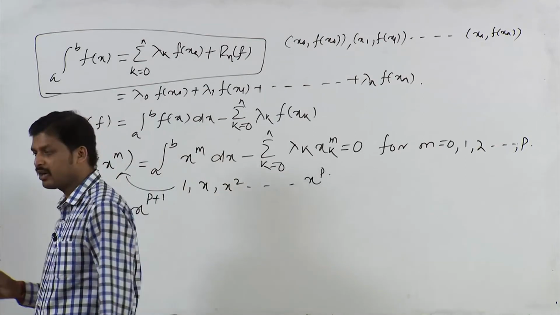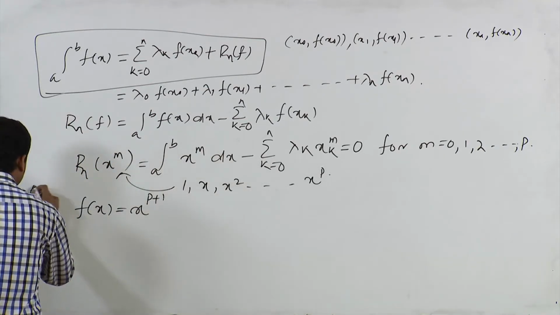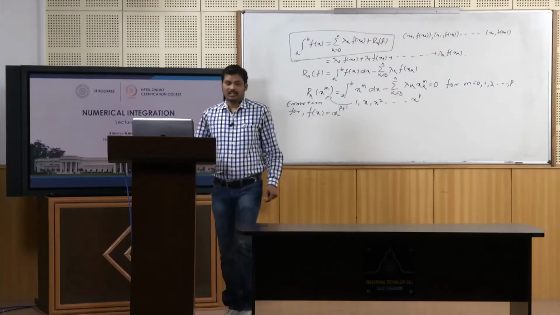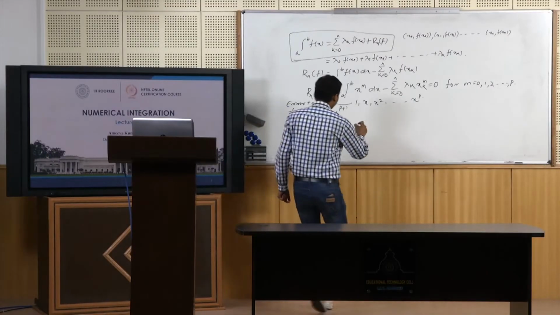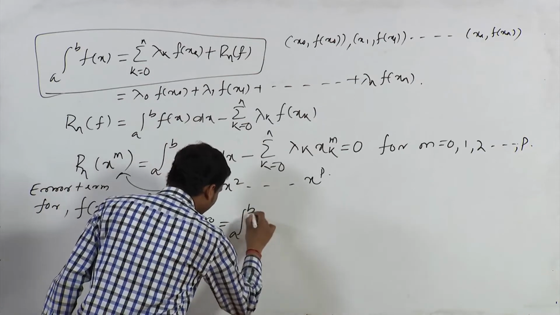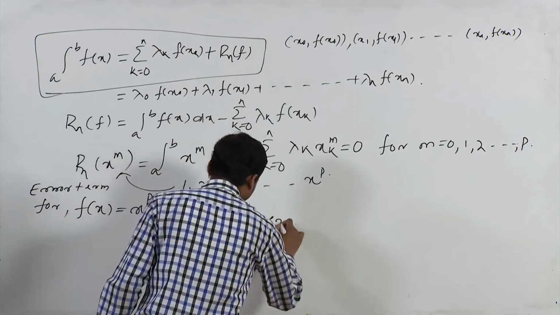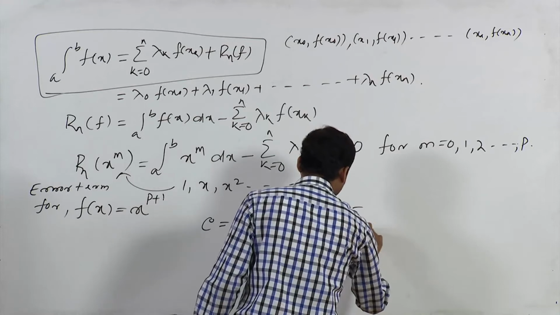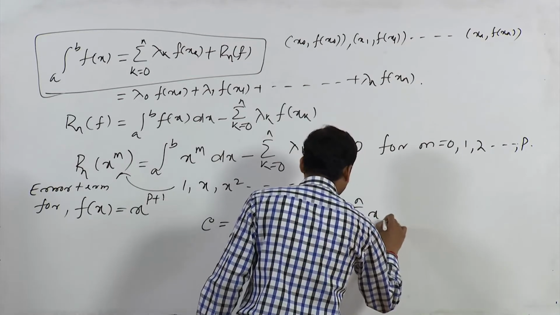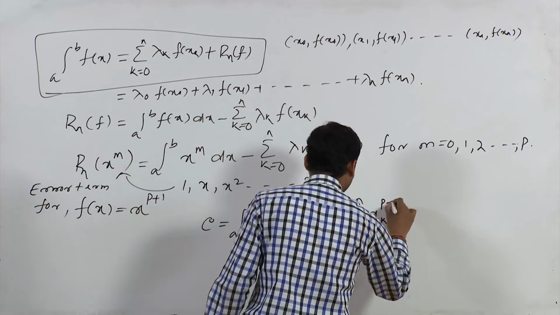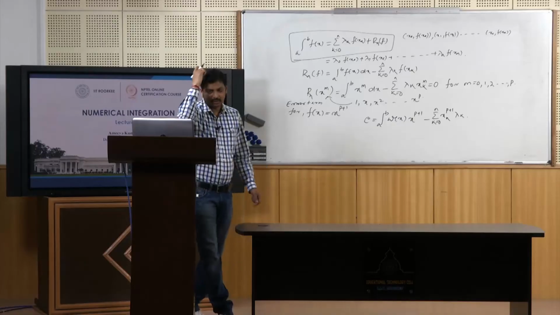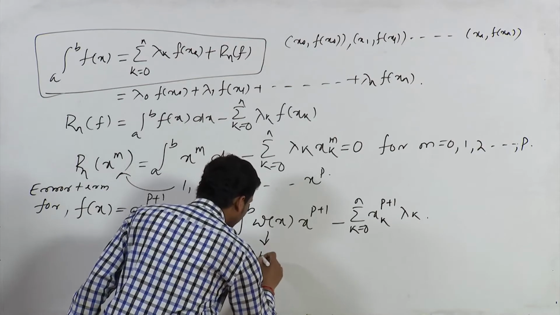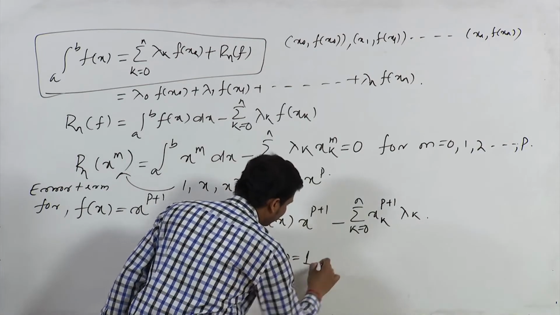This means that the error term for f(x) is defined as, we can just write C = integration a to b, ω(x) x^(p+1) minus summation k equals 0 to n, x_k^(p+1) λ_k here, where C is called the error constant and ω(x) especially is always chosen as 1, this is called the weight factor here.